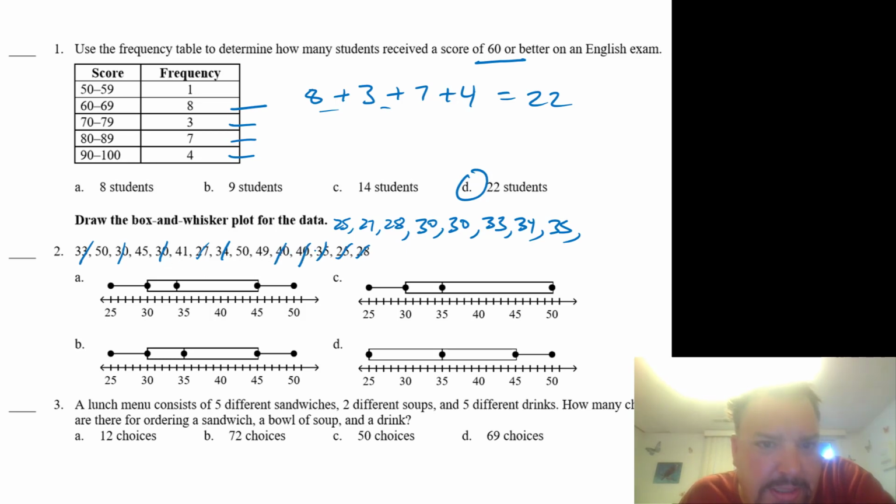We got two 40s here. 40, 40. And we got the 41. After that, it looks like 45 is next. And we've got the 49. And we've got the 50 and 50.